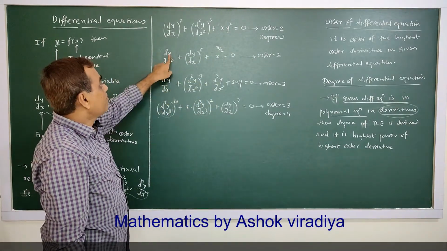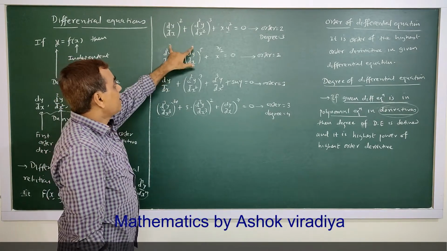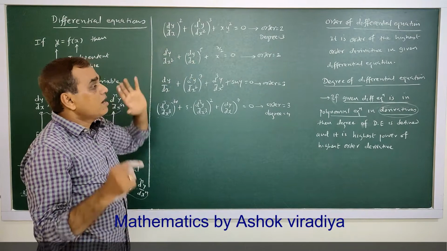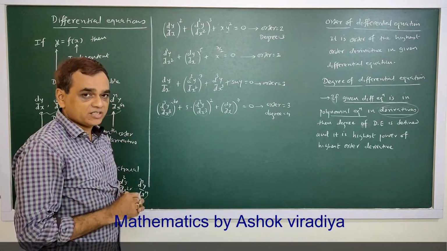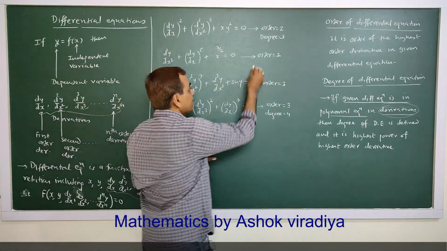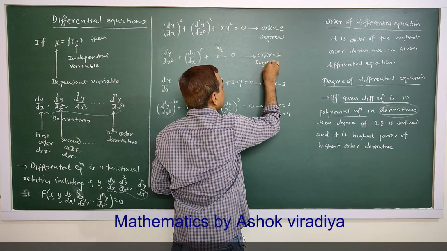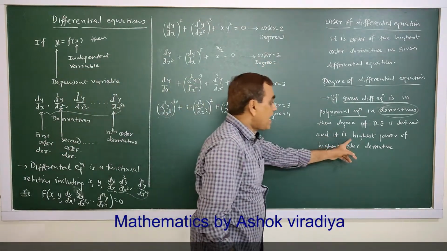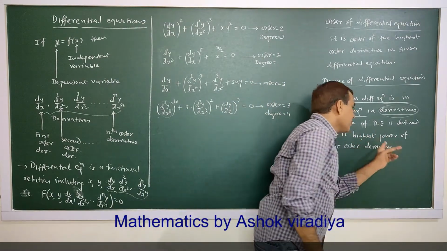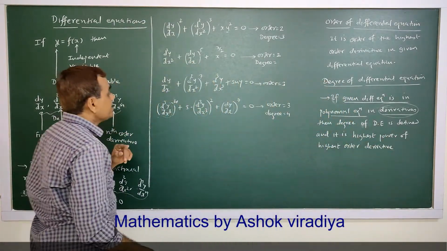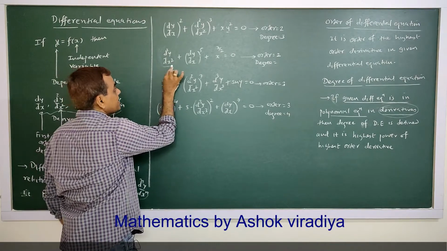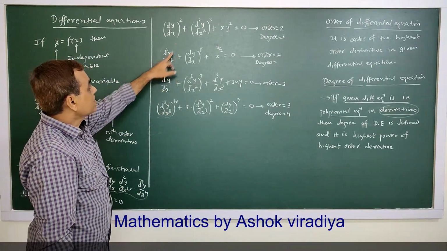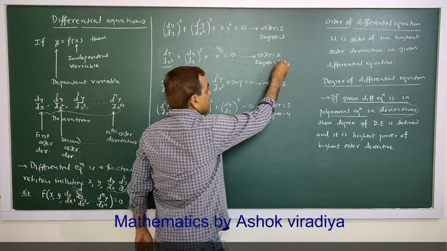So here the powers of derivatives are positive integers, therefore it is a polynomial equation, hence degree is defined. Now degree is the highest power of the highest order derivative. This is the highest order derivative. What is its power? Its power is 1. So degree is 1.